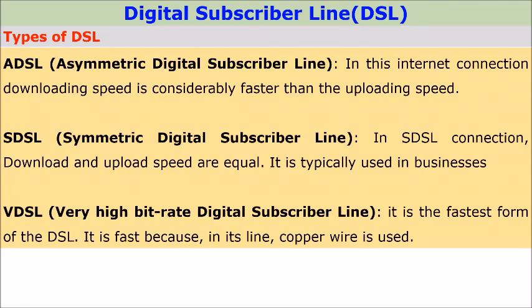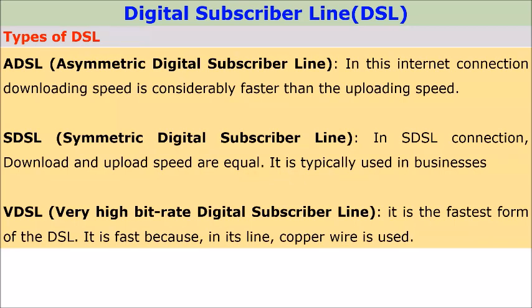Then if you consider the very high bit rate one, that is the fastest one for data. Especially they are using copper wires. That is why this fastest bit rate form of DSL is VDSL.